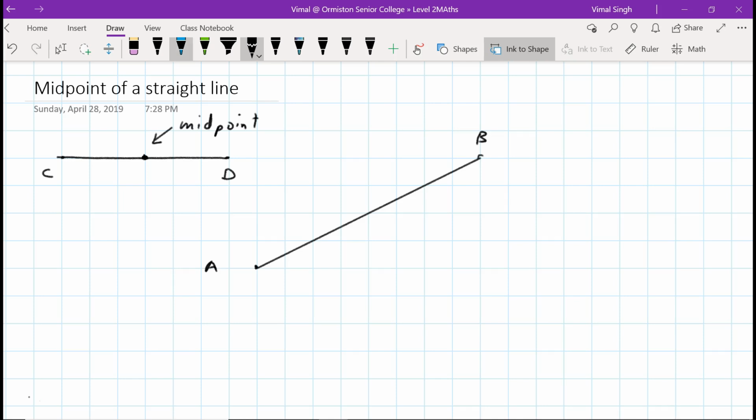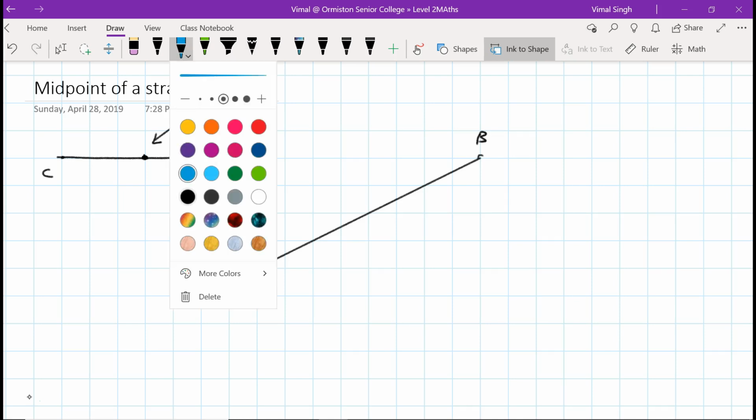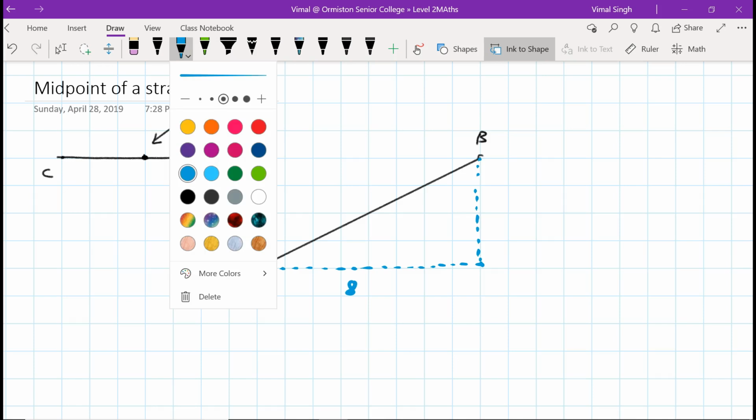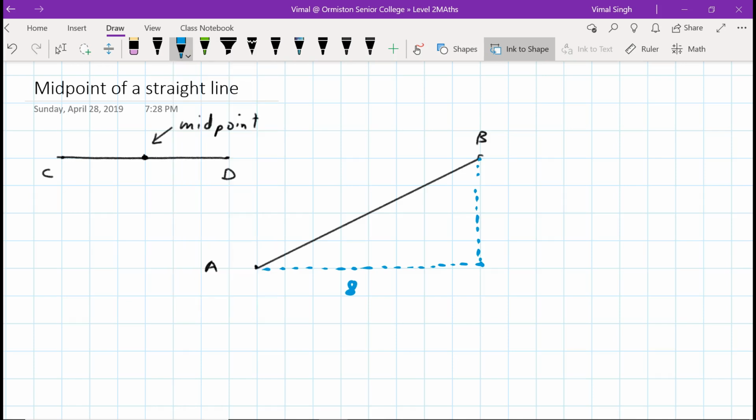So what I can look at here is if I can form a right angle triangle very, very quickly over here, you will notice that that distance there is 8 units that way, and this way it is 4 units there.